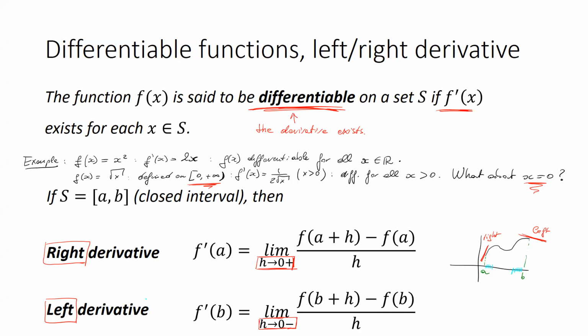And so in that way, you end up with two expressions for the derivative at either end of the interval. They basically tell you what is the limit of the slope if I approach a from the right, or if I approach b from the left.